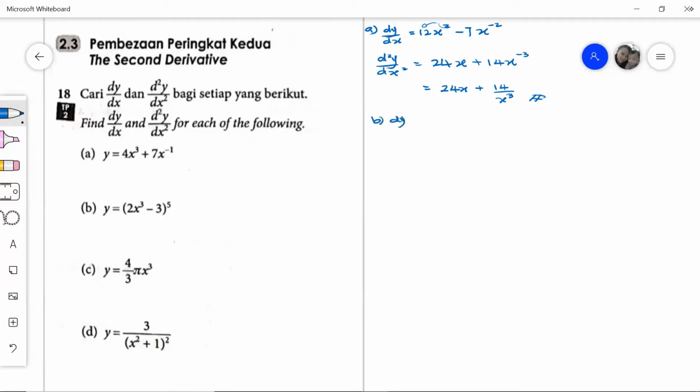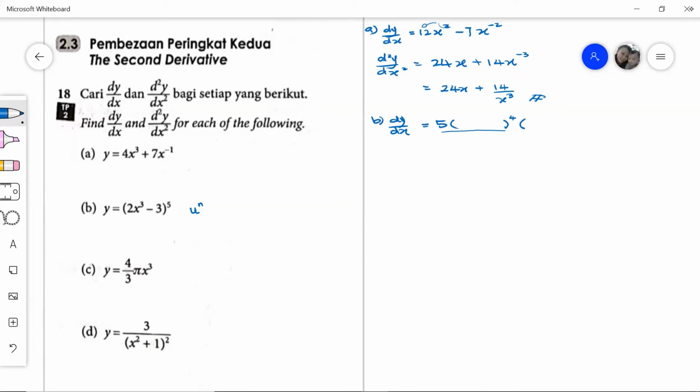So differentiate the y. This one we need to use the chain rule because it is in the form of u to the power of n. To do the chain rule, we use the fast way: do outside, do inside. When we bring down the power 5, we reduce that power by 1. That is to differentiate the outside, now followed by differentiating the inside.